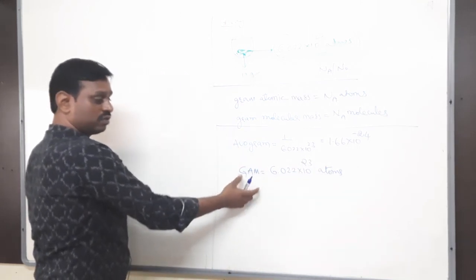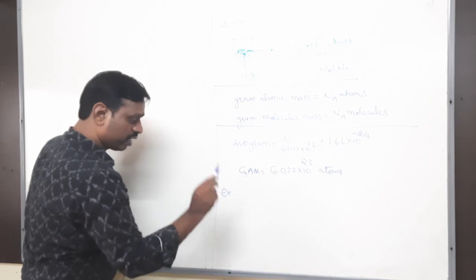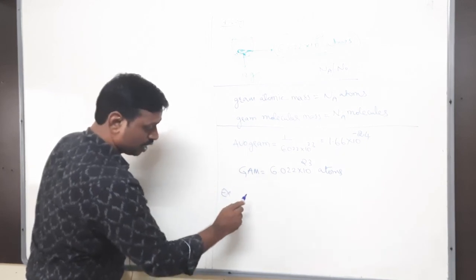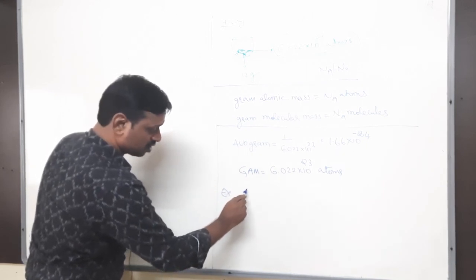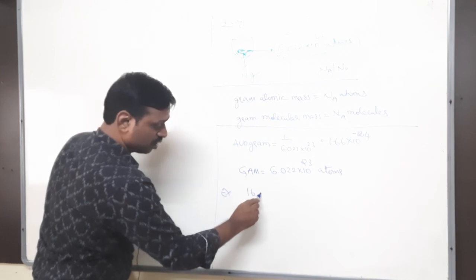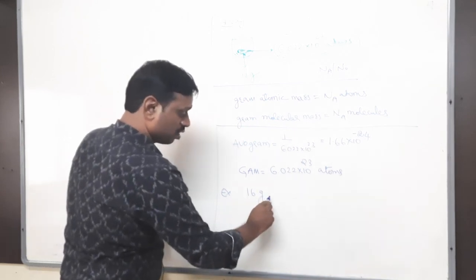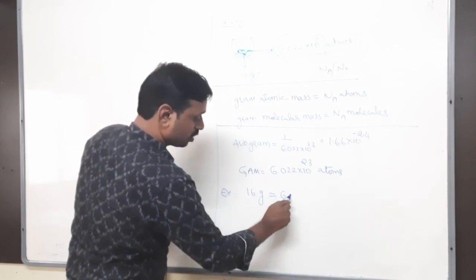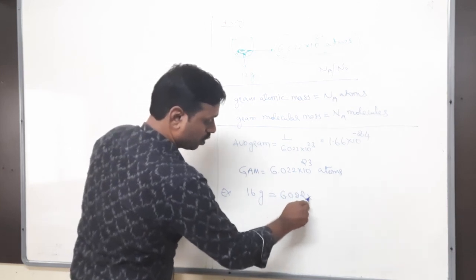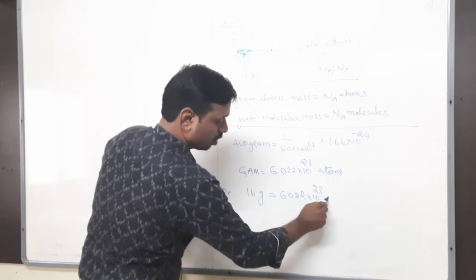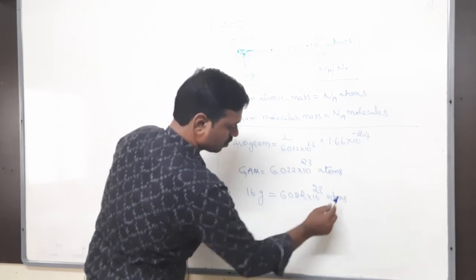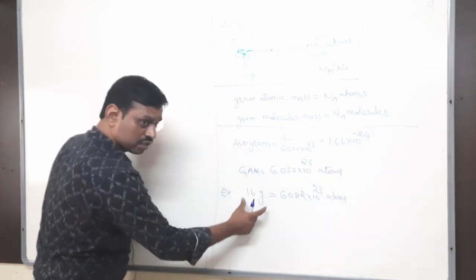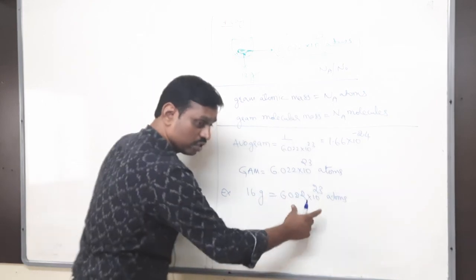For example, take oxygen. What is the gram atomic mass of oxygen? 16 grams. 16 grams of oxygen has 6.022 into 10 power 23 atoms, yes or no?